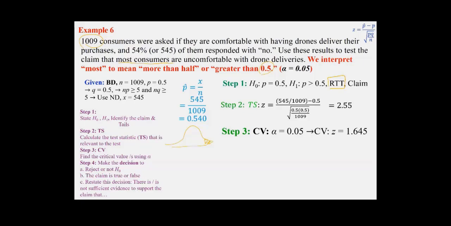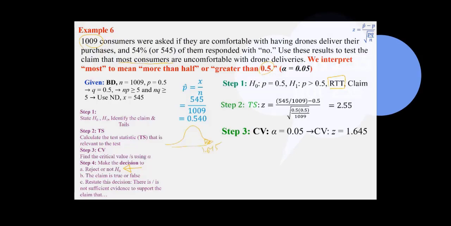The next step is to make a decision. Now, when you want to make a decision, your data gives you the very first one, A, reject or not reject H0. I want everybody to pay attention to this. This is the one we are going to answer, and then we're going to elaborate. How do we answer that? If you compare this, so this is 1.645. What is my test statistic? 2.55, okay.